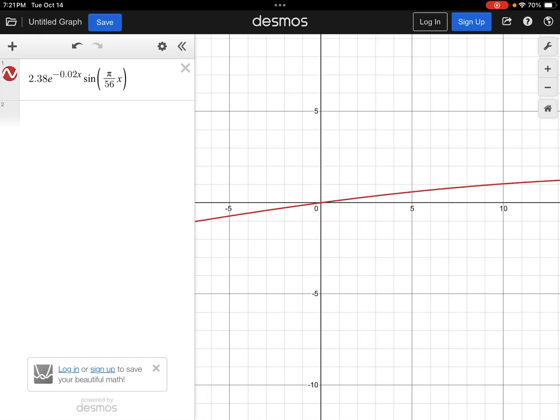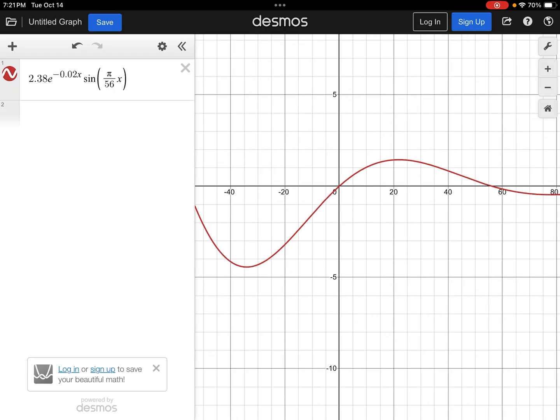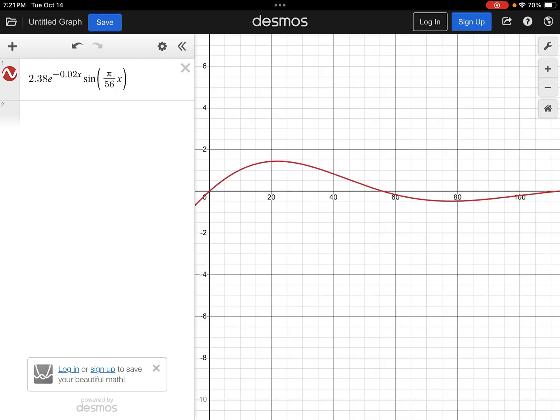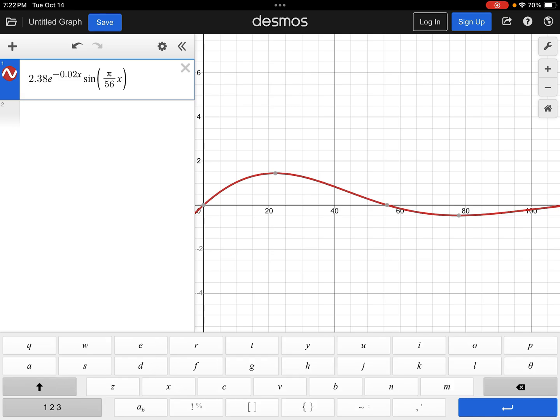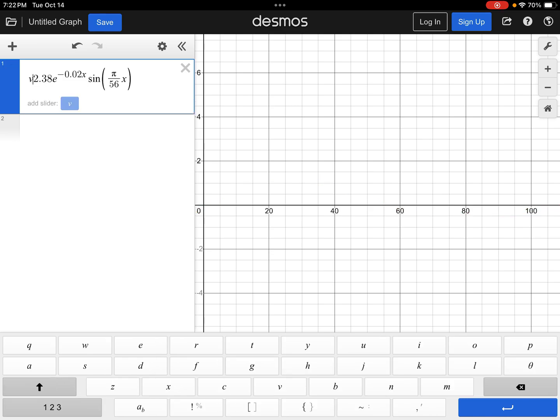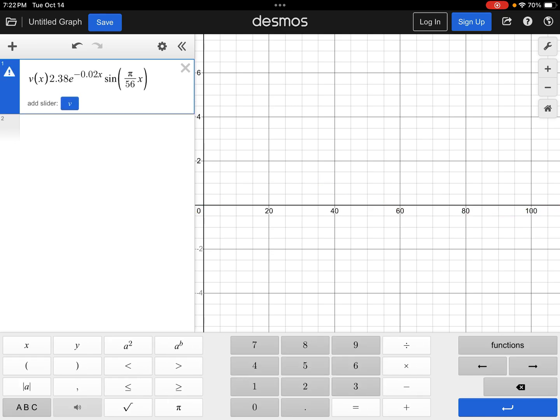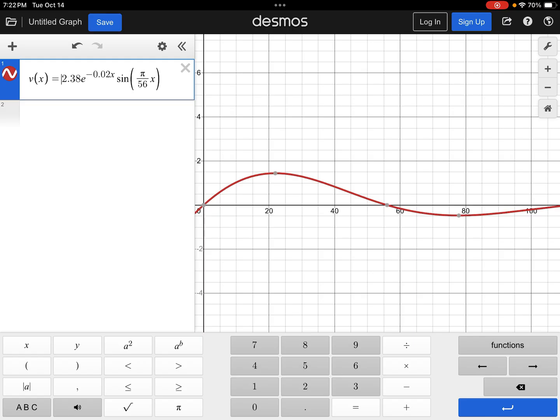Okay, and this is our function. It does tell us that the interval is from 0 to 90, so that's the interval I'm looking at right here. Also, it's probably going to be helpful if I give this a title. I think I can title it as v of x. Will it let me do that? Sure. So we have velocity.